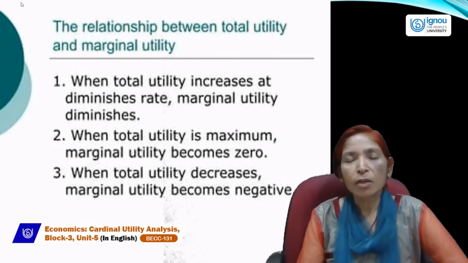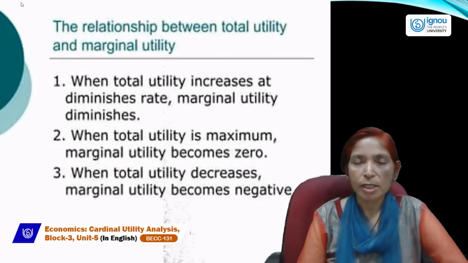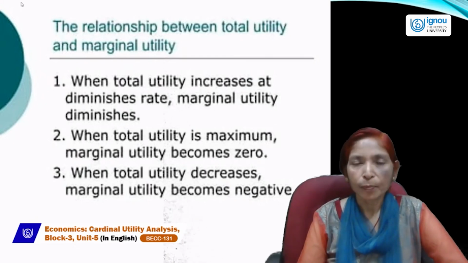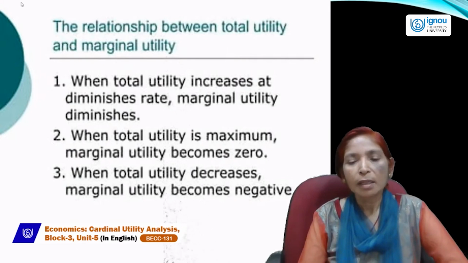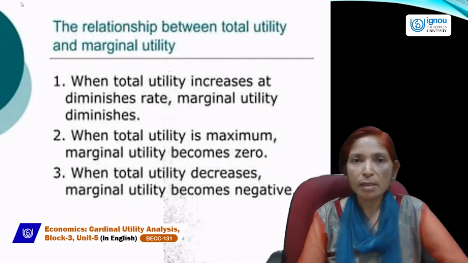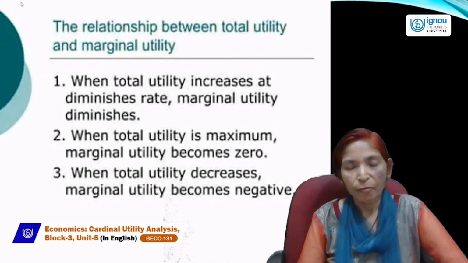One is when TU increases at a diminishing rate, then MU also diminishes. When TU is maximum, MU will be zero. When TU starts falling, MU will become negative. So we can say that MU can be zero, can be negative, but total utility can't be zero, can't be negative. Why?